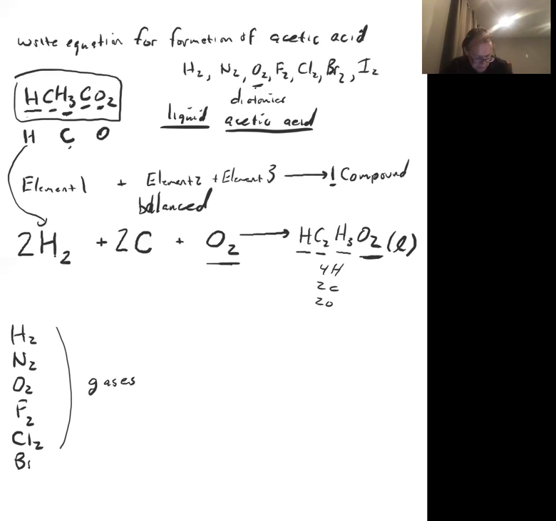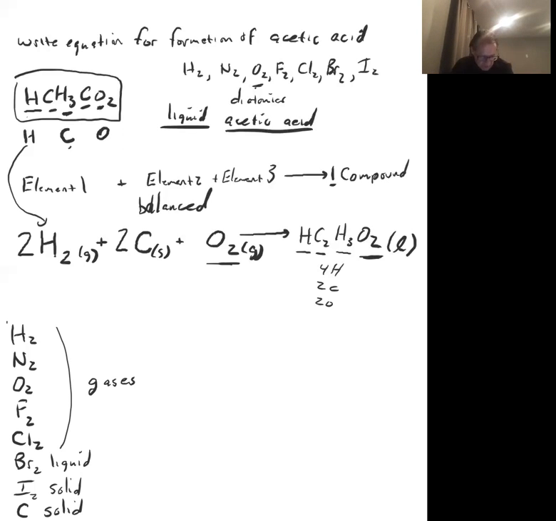Bromine is a liquid, and iodine is a solid. The carbon is also a solid. So we would put G, S, and G, and then they told us it's liquid acetic acid, so we would already have that one.